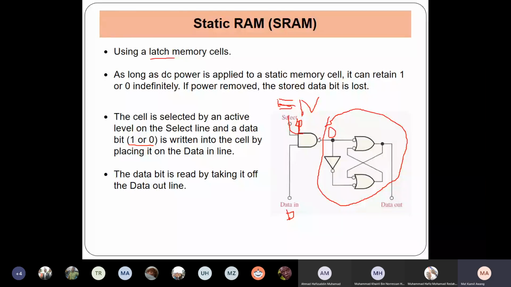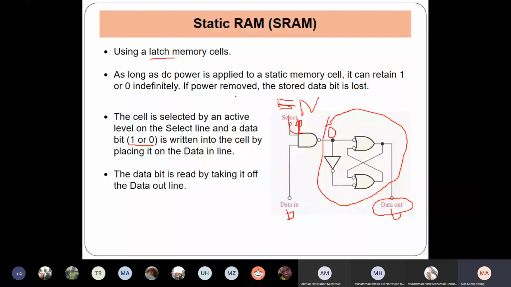Let's say data is 1, so it becomes 0 and 1, and this will be written here as 1. The data bit 1 or 0 is written into the cell by placing it on the data line. The data bit is read by taking it off the data output line. Whatever the value of data here will be written to the memory. So that is the static RAM.